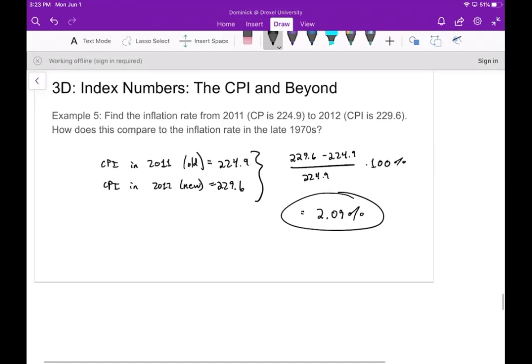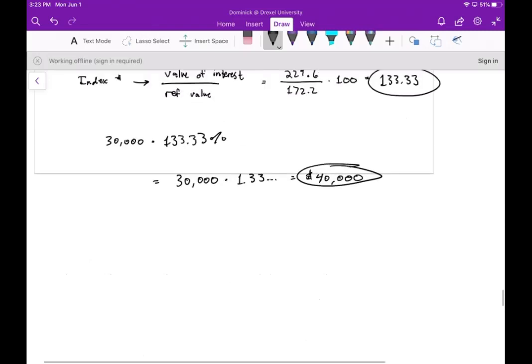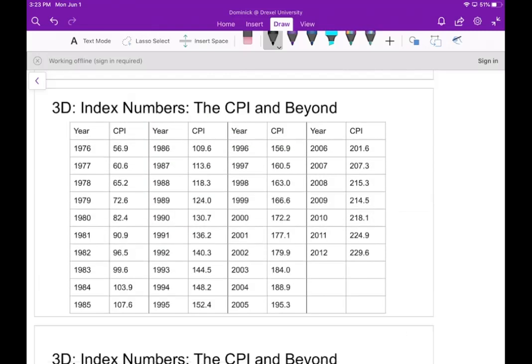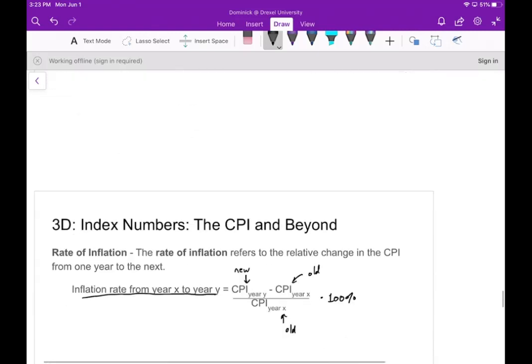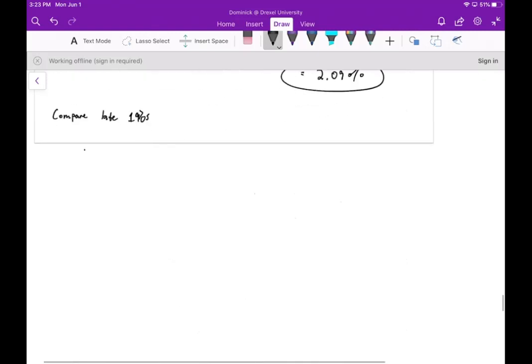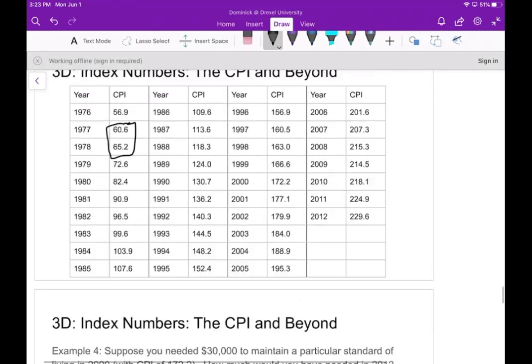Now, let's compare this to the late 1970s, and we'll go back to that table. We'll pick two years that are close together in the late 1970s. For example, let's pick these two: 60.6 in 1977 and 65.2 in 1978. Let me double check 1977.